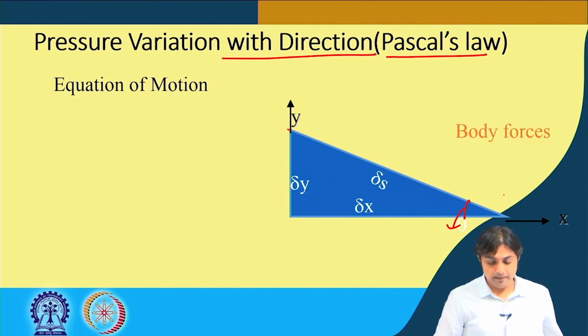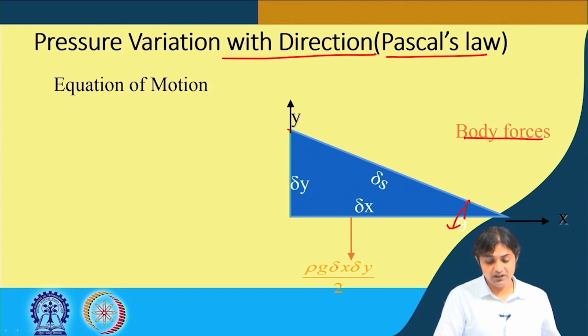What we say first, when we make a free body diagram, we need to have the forces. So, the body force is, of course, we talked about gravity, so it is going to be the weight. What is going to be the weight? Very simple, it's mass m into g. The mass can be written as rho into volume, right.